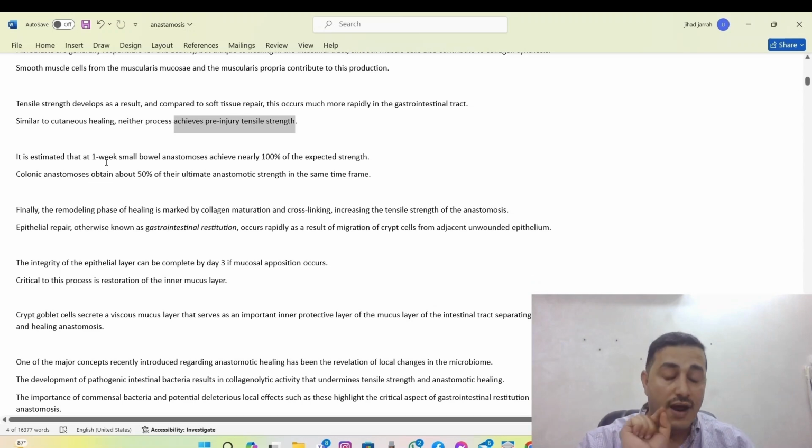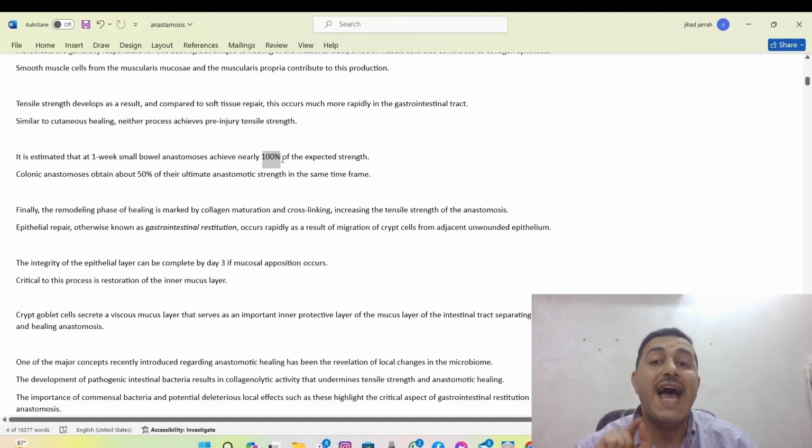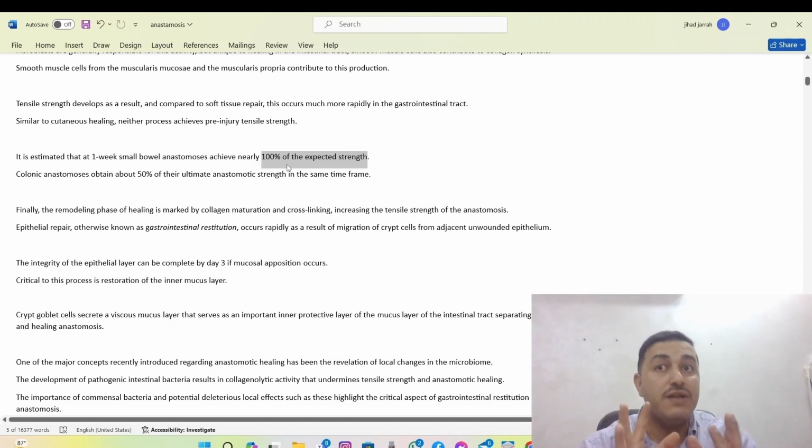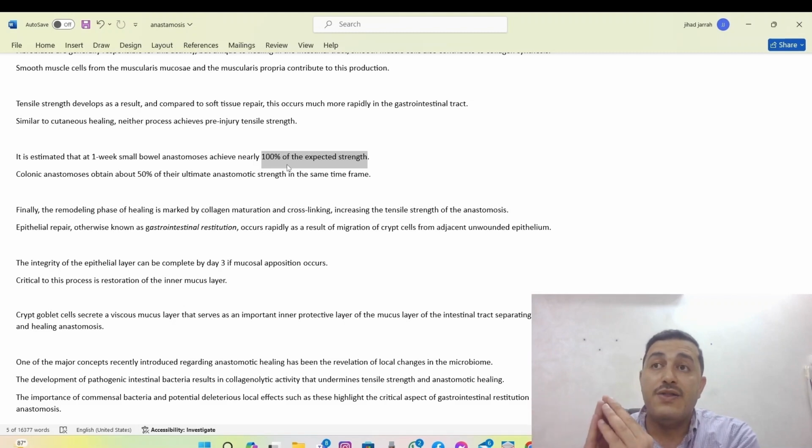You can see here a very important piece of information: the small bowel reaches 100% of expected strength. Expected strength means not the pre-injury strength, but the maximum strength, which is about 80%, as we said.